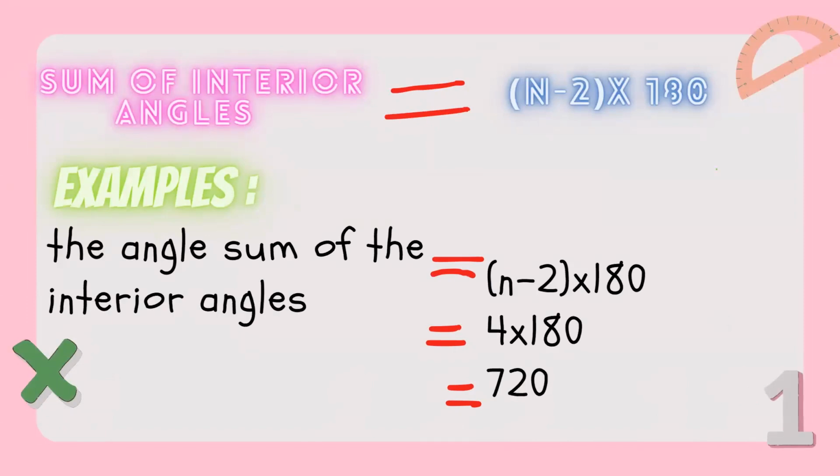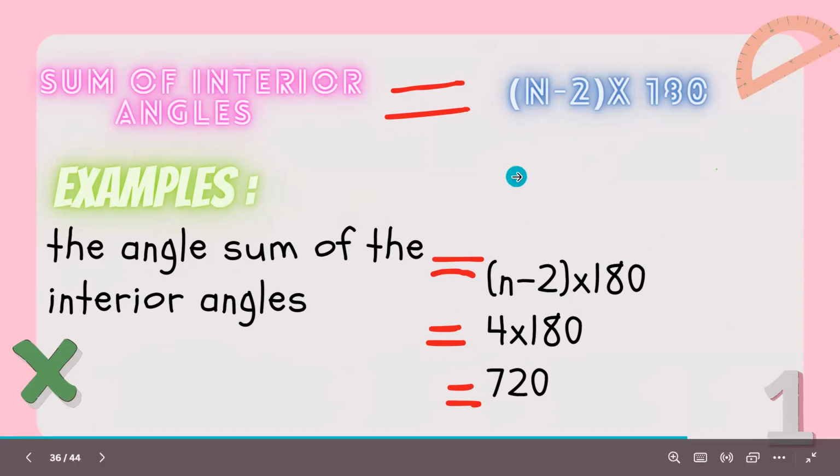And then this is the sum of interior angles: n minus 2, times 180.